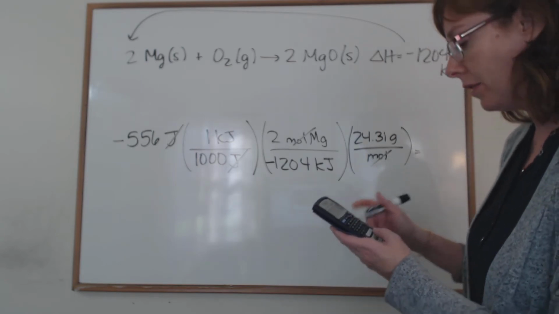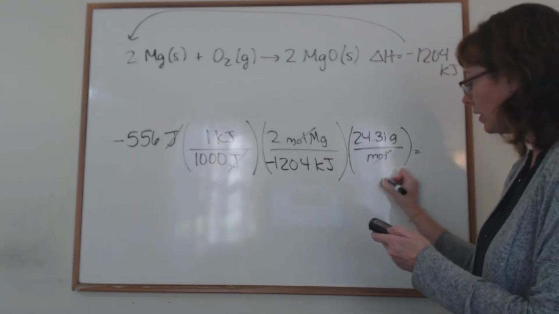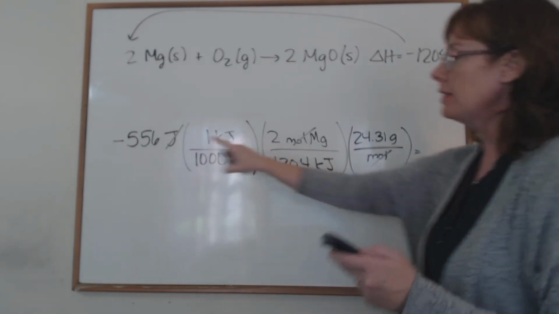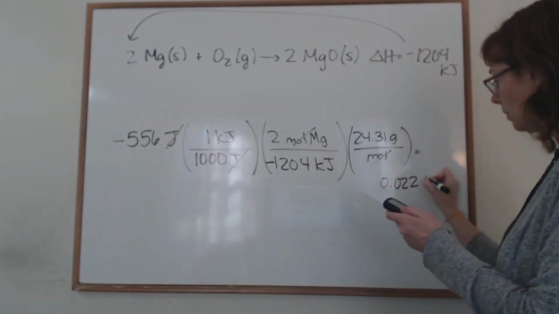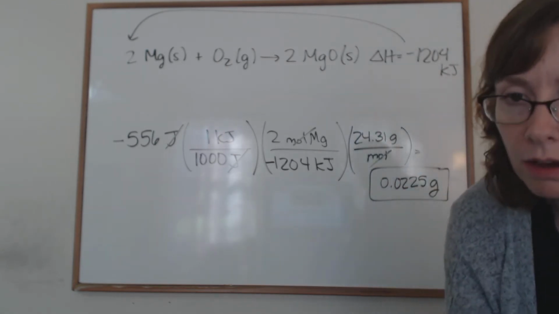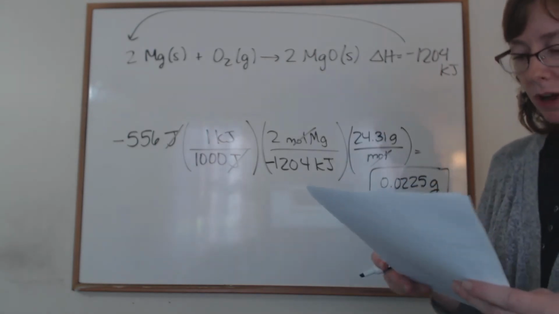And I am getting, for an answer, take it out of scientific notation, 0.02245, and then since that has 3 sig figs, this would bump up to 5. So I'm getting 0.0225 grams, and that is the answer. Okay, let's move on.